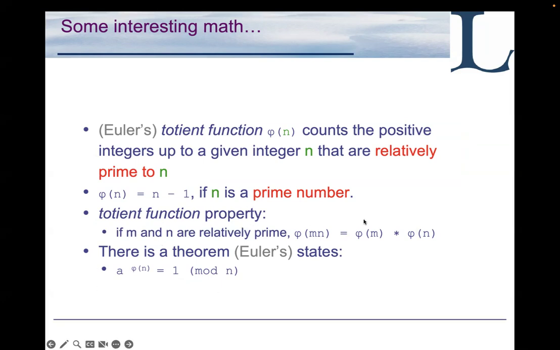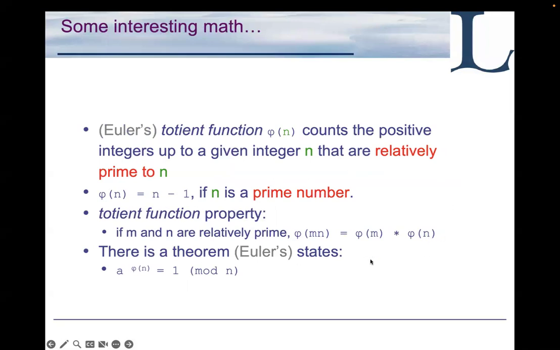And then this rule is valid: if you have a product of two numbers, then the total number of relatively prime numbers is the product of the corresponding values for m and n.